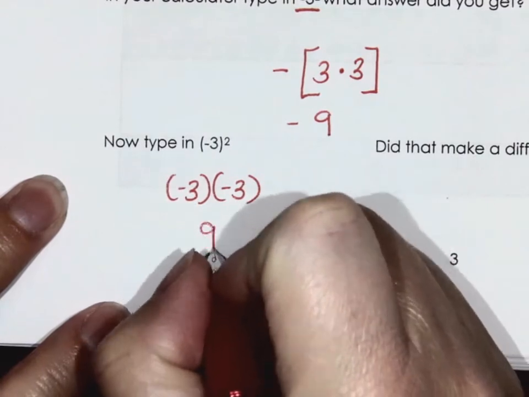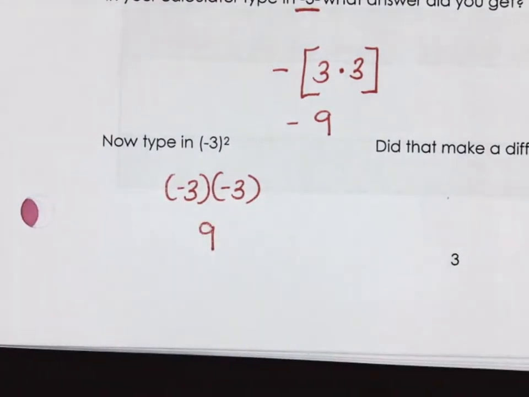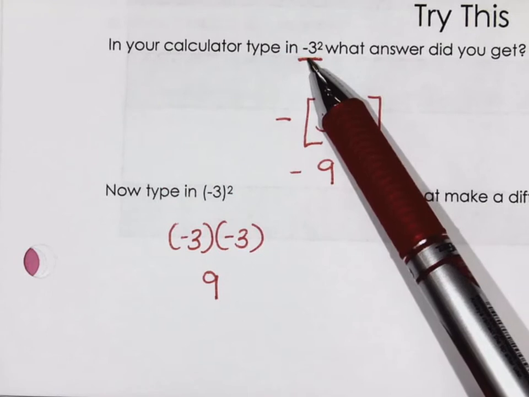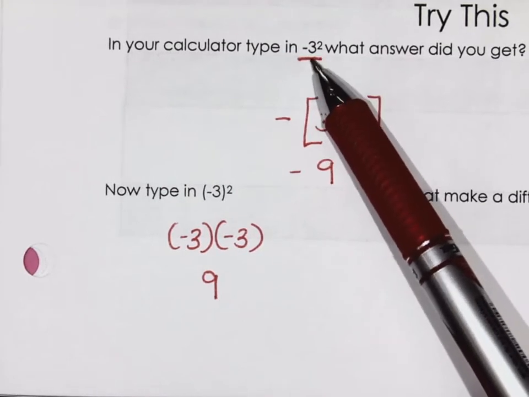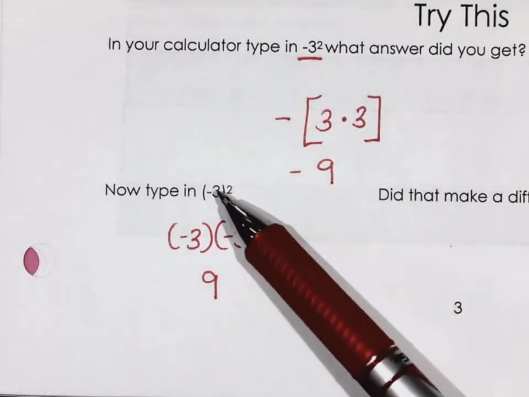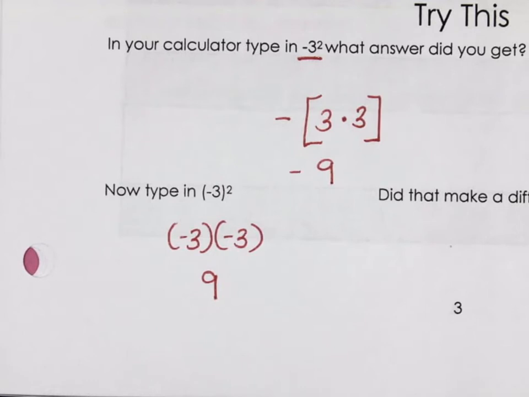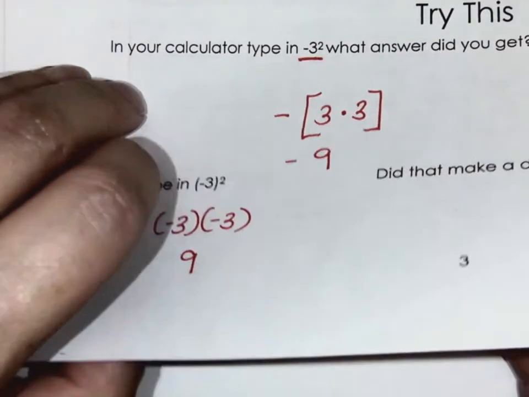And your math has to represent that. Super important. Because if you write -3 squared without brackets and tell me that the answer is +9, I'm going to mark you incorrect, because that's not true. If you put -3 in brackets and say it's squared, that's true that the answer is +9. So just keep in mind brackets do make a difference.